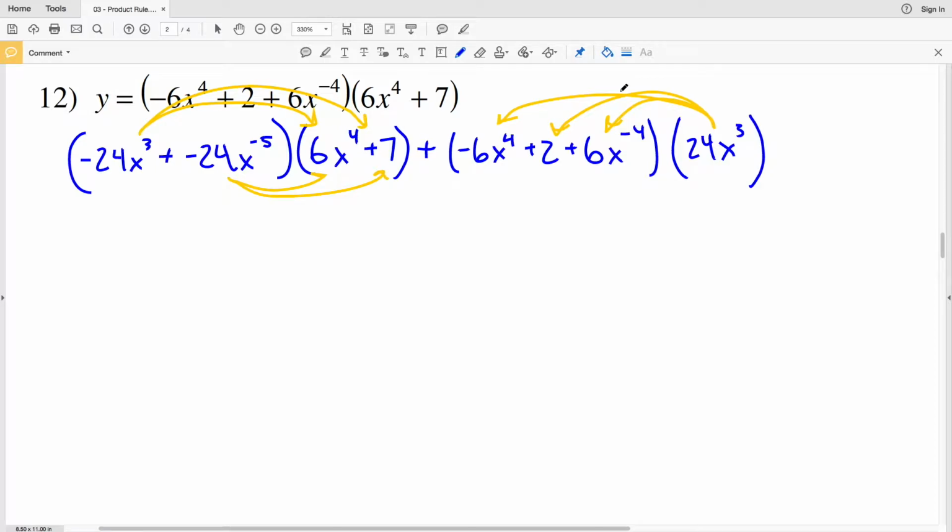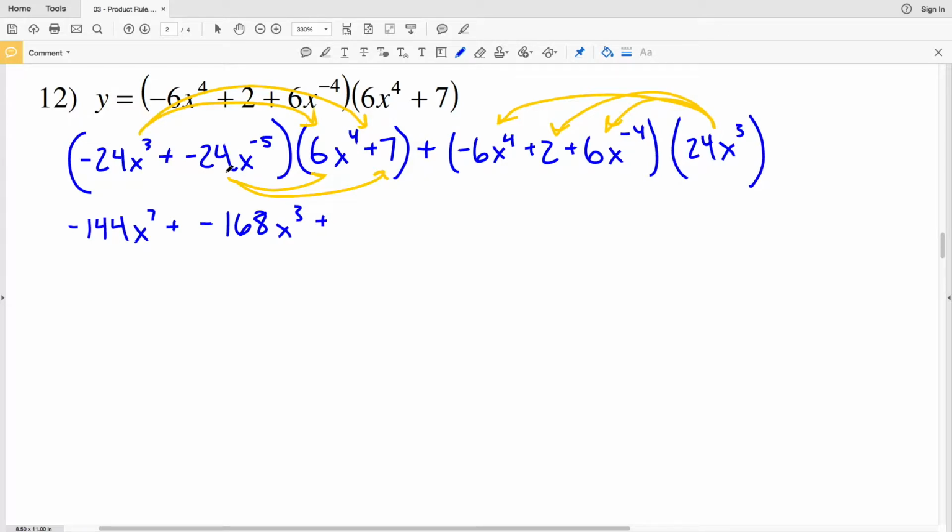So expanding all of this out, negative 24x cubed times 6x to the fourth is negative 144x to the 3 plus 4, which is x to the seventh. And that's going to get added to negative 24x cubed times 7, which is negative 168x cubed.